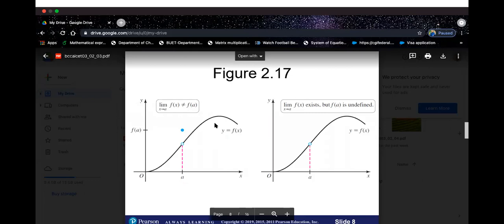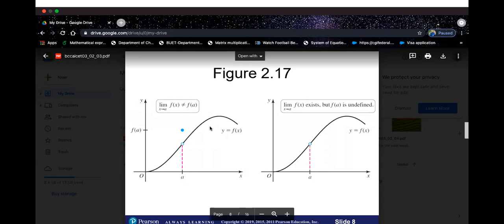So f of a is actually a functional value. For the limit to exist, we need to have the left-sided limit and the right-sided limit matching each other. Is it the case here? No. Or for x approaching a, towards a.